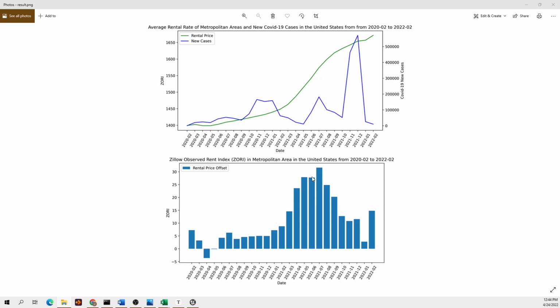Here is a bar chart. I use a bar chart to compare the rental price offset, which is the current month minus the previous month.